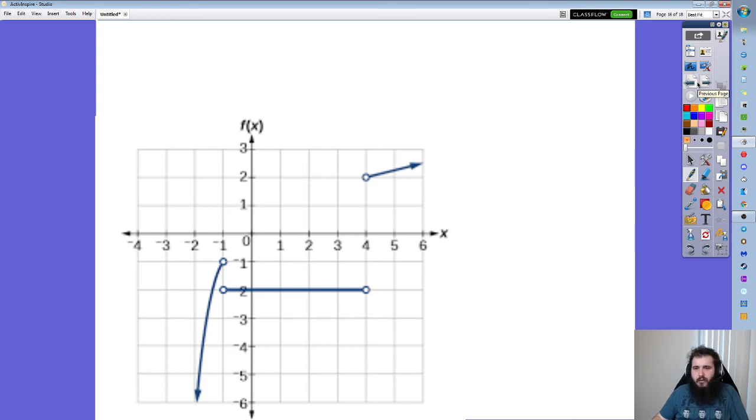Here's a complicated one. I wanted to put one like this on here. So let's start with the x values. So look, you got all these open circles. Those should be what we sort of base our stuff on, right? You got an open circle at -1. -1 is not part of the things that work for x.